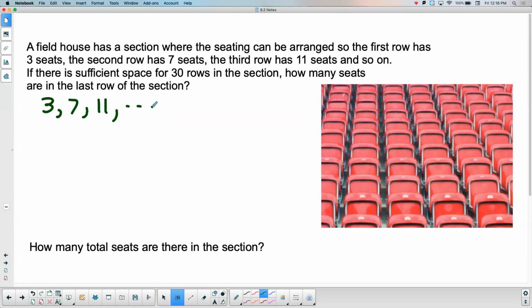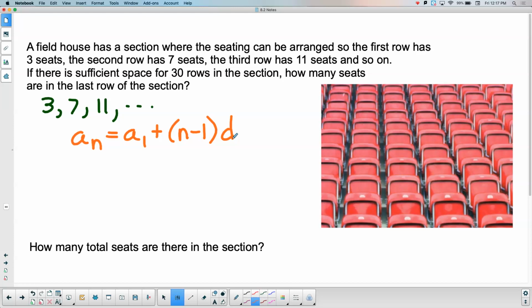Okay. So how am I going to find how many seats are in that 30th row? You're going to want to write a rule, right? So is it arithmetic? Yes. So the rule for an arithmetic sequence is a sub n equals a sub 1 plus n minus 1 times d.